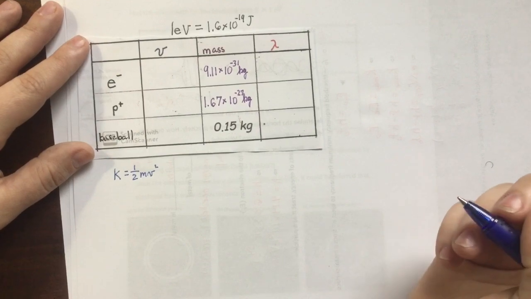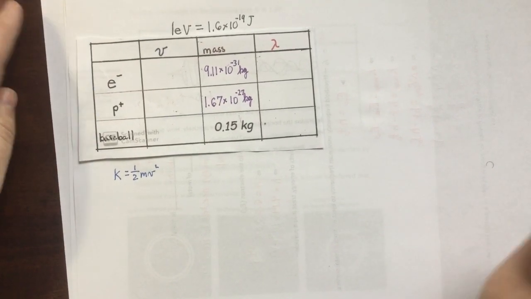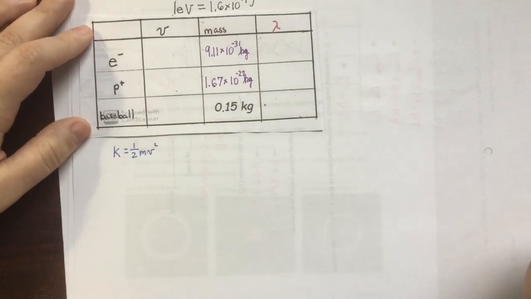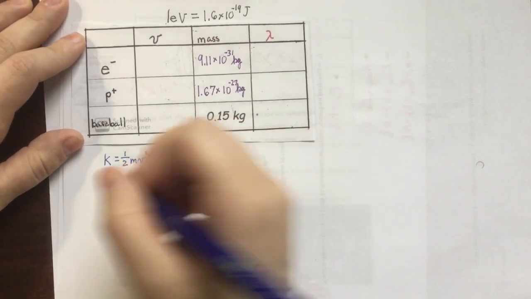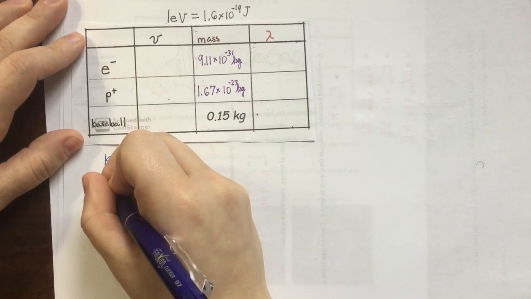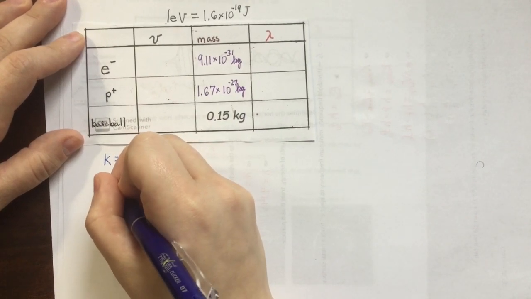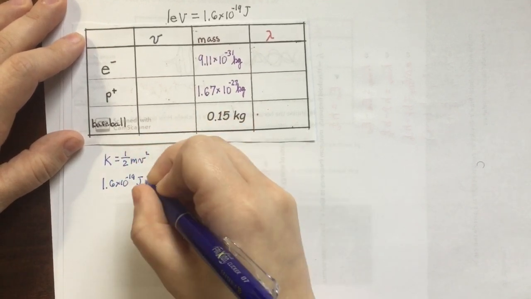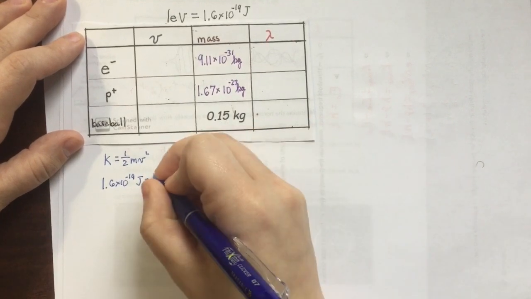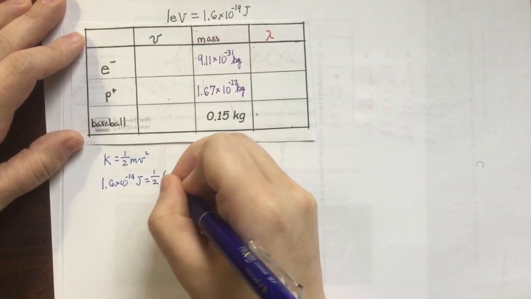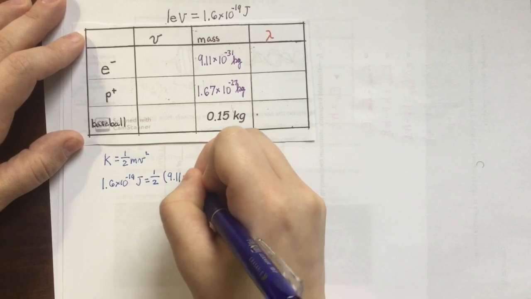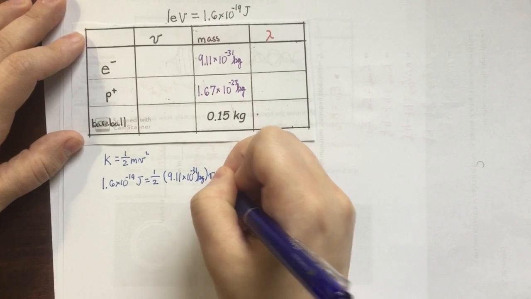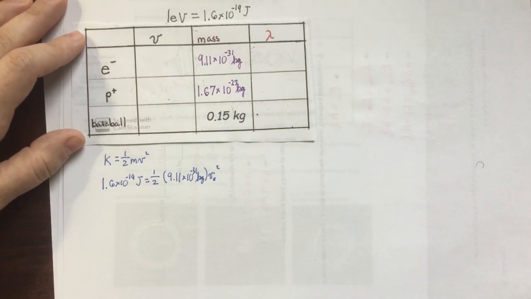So let's find these velocities. We're going to start with the electron. We have 1.6 times 10 to the minus 19 joules equals 1/2 times 9.11 times 10 to the minus 31 kilograms times the velocity of the electron squared.